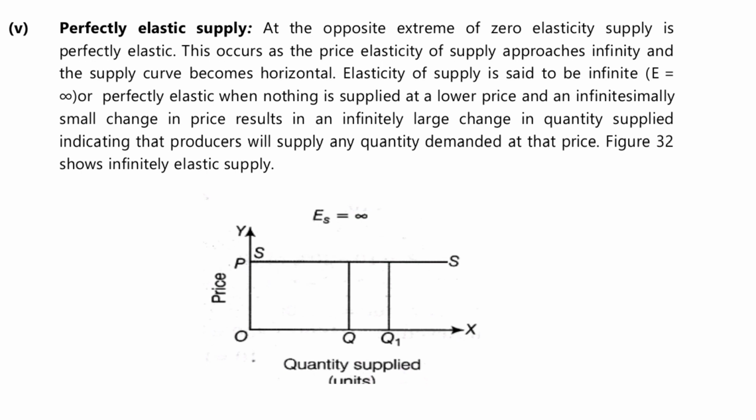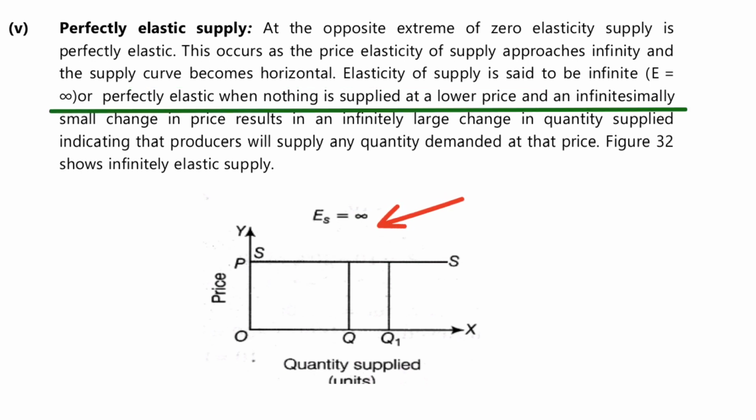The next one is perfectly elastic. What is perfectly elastic? In the opposite extreme of zero elasticity, supply is perfectly elastic here. That is, the price elasticity of supply approaches infinity and the supply curve becomes horizontal. When it was 0, we saw that the supply curve was vertical. Now here it goes to a horizontal line.